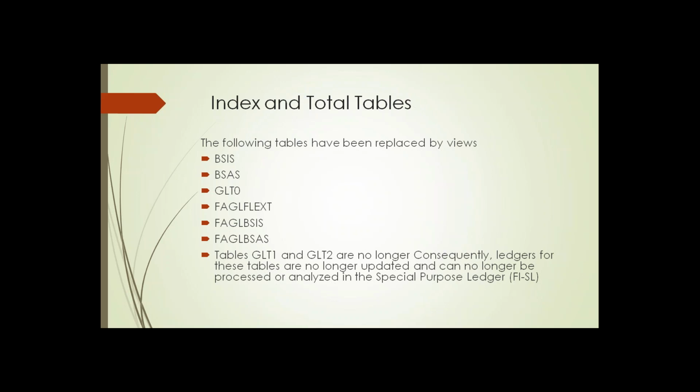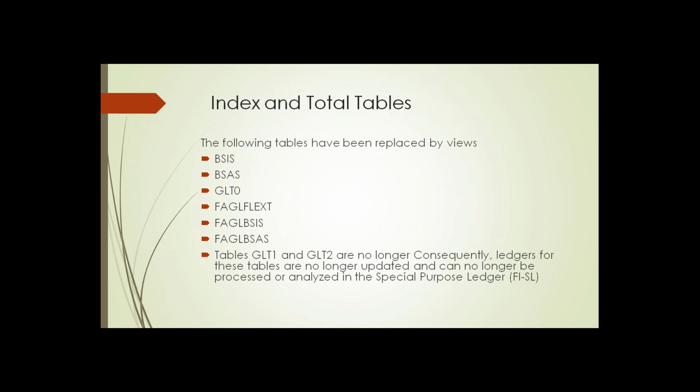Okay, now what about the totals? FAGL Flex T. So why was I storing these totals separately? Because I have a huge amount of data, and if I want to perform the totals, if I directly do the calculations at runtime, it takes a lot of time.